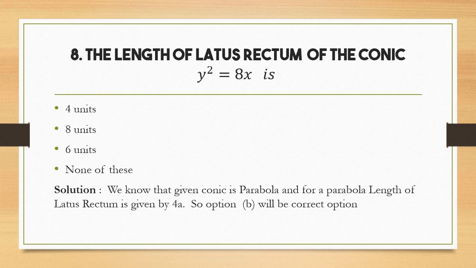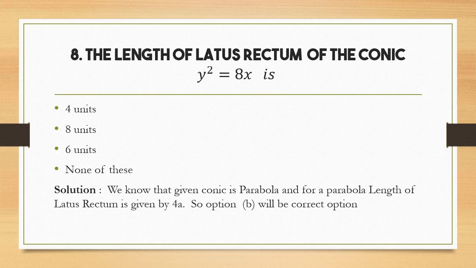In question number 8, the length of the latus rectum of the conic y square equal to 8x is asked. They have given four options: 4 units, 8 units, 6 units, and none of these. We all know the given conic is a parabola. They have not told us it's a parabola, but we can identify it by comparing with y square equal to 4ax.